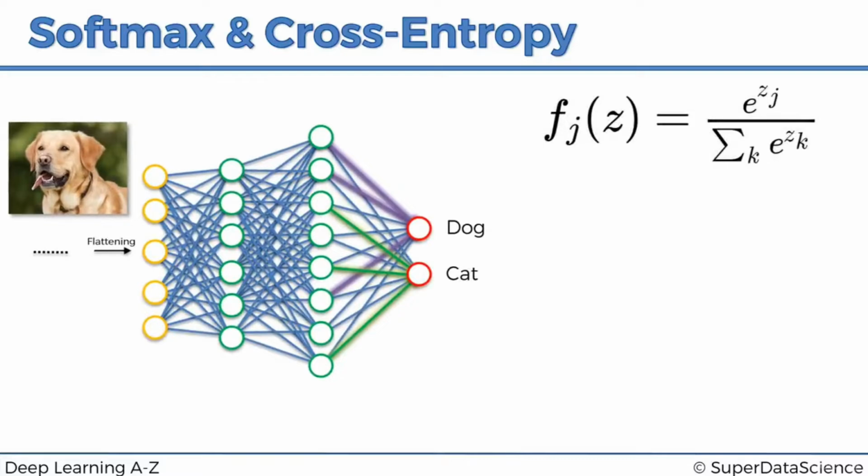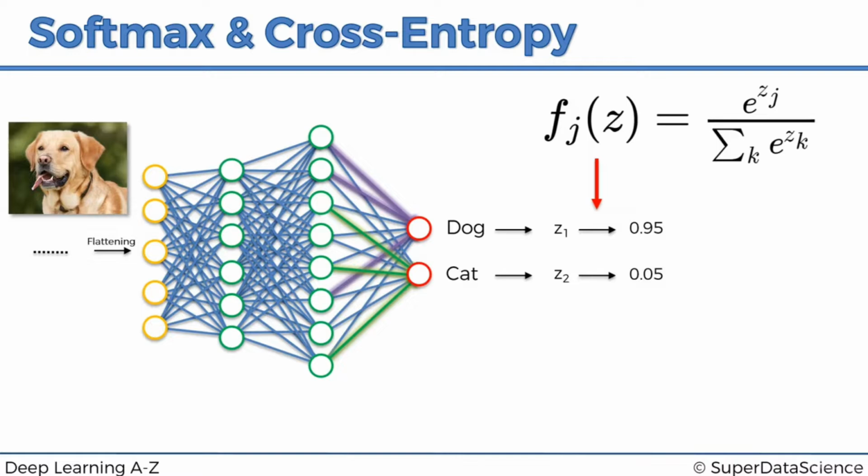So normally what would happen is the dog and the cat neurons would have any kind of real values. They don't have to add up to 1. But then we would apply the softmax function, which is written up over there at the top, and that would bring these values to be between 0 and 1, and it would make them add up to 1.